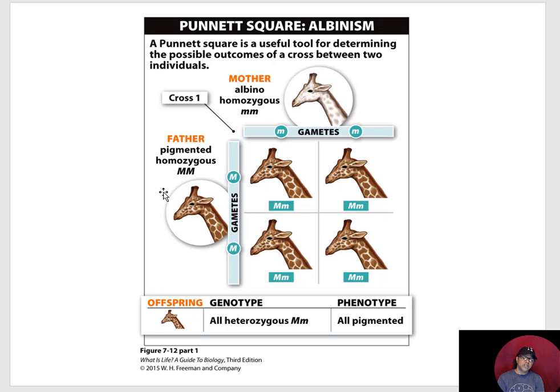Now, by convention, when we are writing out genotypes, we always write the recessive genotype in lowercase, and we always write the dominant genotype in uppercase, capitalized, okay? And it's good that that is the way it's done by convention, because this is going to become easier for you.